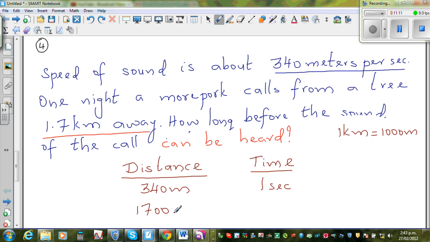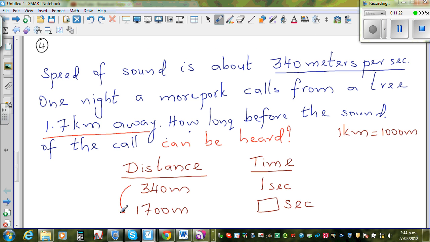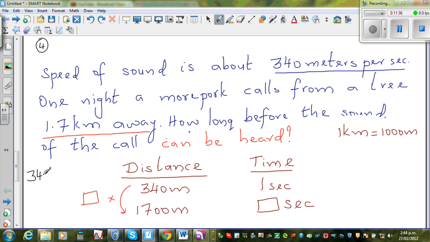1,700 meters would take how many seconds? That's the question. So here again, this is a question of ratio. 340 times what gives me 1,700? That will be too difficult, so I'll go like this. I know 340 times 10 gives me 3,400 meters.